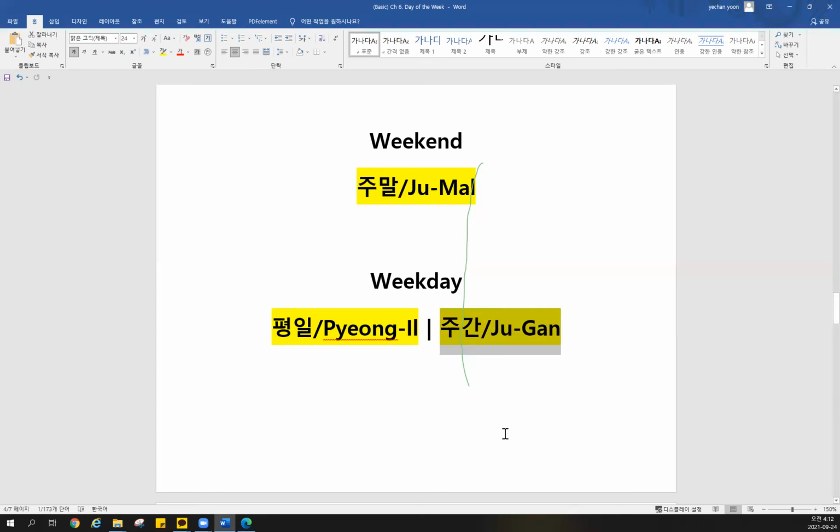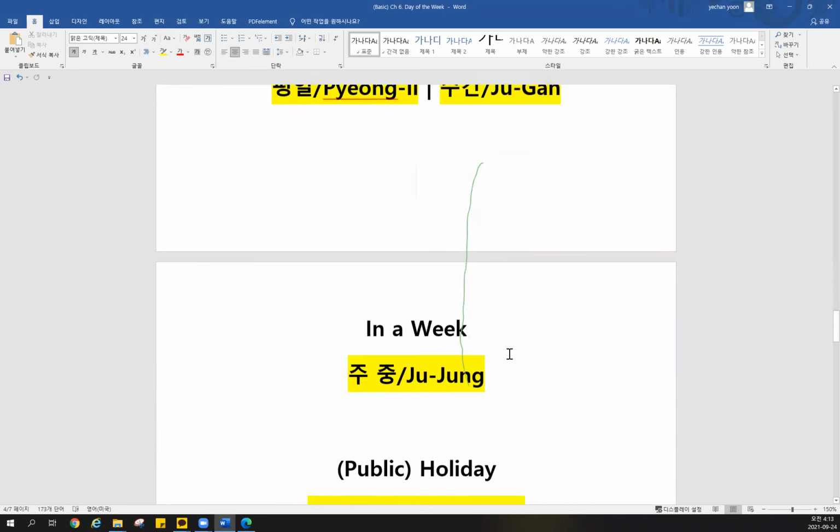So please remember, 평일 is frequently used in speaking and conversation. 주간 is usually used when we write. Okay, but it's not necessary or compulsory. You can use both, but generally we do it like that. So please remember this culture.